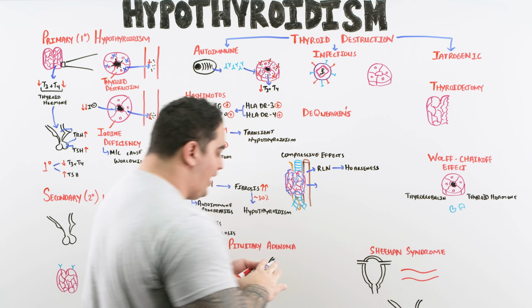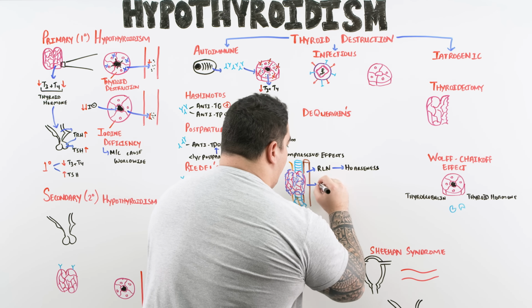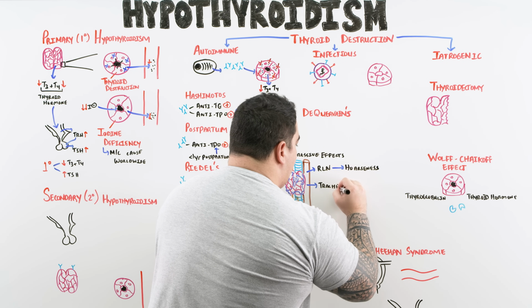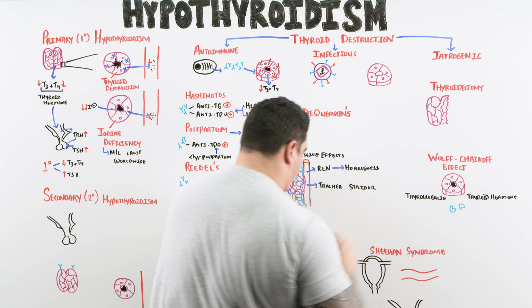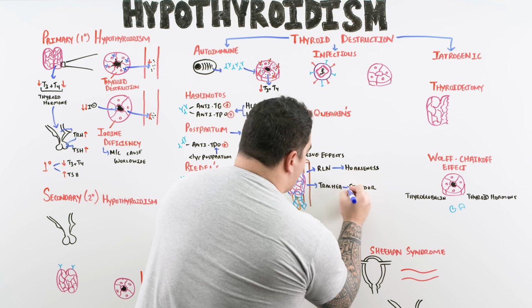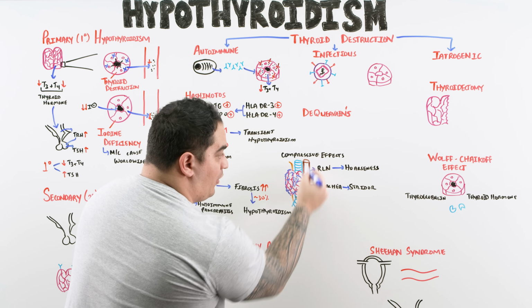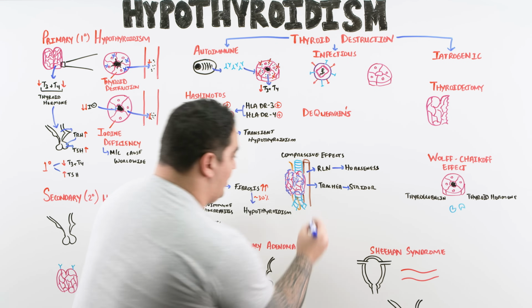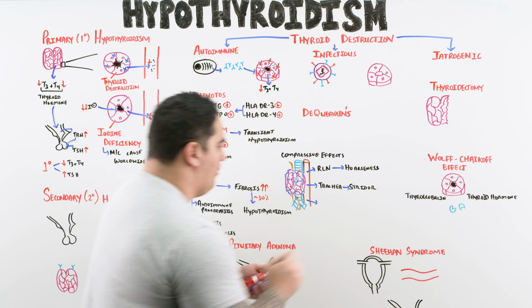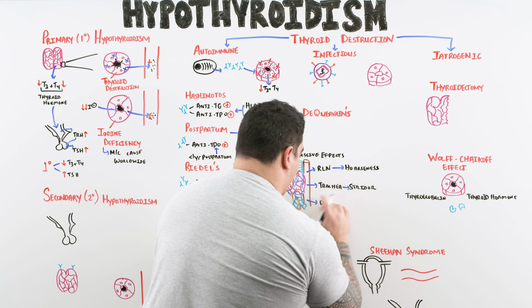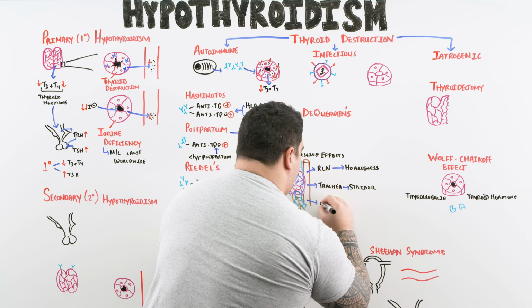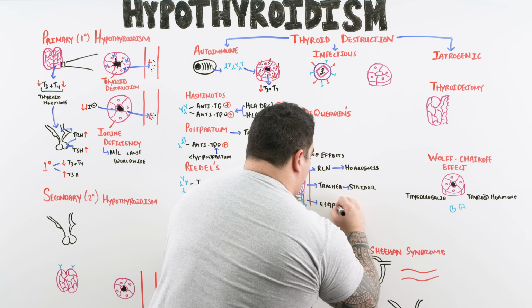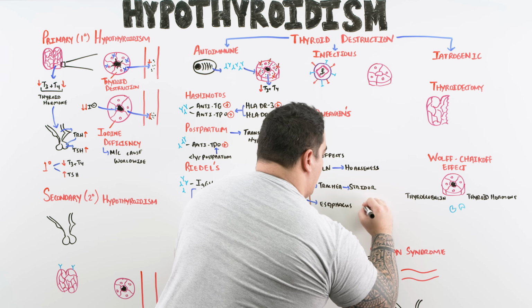If I compress the trachea, I'll have difficulty being able to entrain air. So this can lead to dyspnea or it can lead to stridor. And then lastly, I can compress the esophagus, which makes it difficult for food and fluids to move down, which can lead to dysphagia, more particularly esophageal dysphagia. So if I compress these particular structures, I can see the devastating effects that a patient could experience.